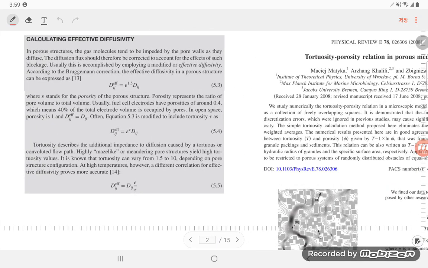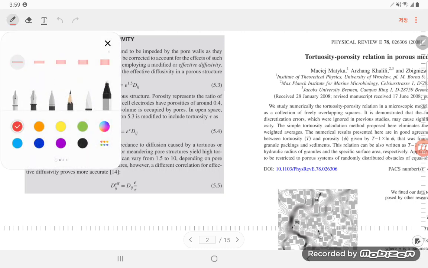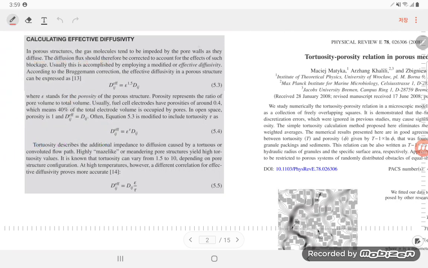For calculating effective diffusivity in porous structures, the gas molecules tend to be impeded by the pore walls as they diffuse. The diffusion flux should therefore be corrected to account for the effects of such blockage.